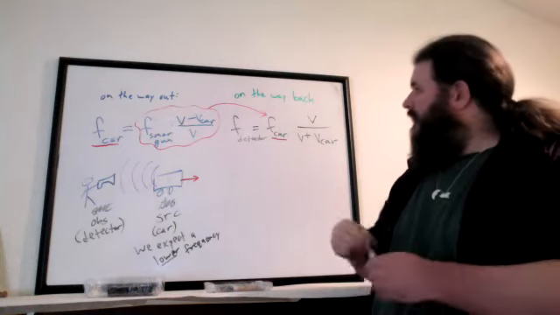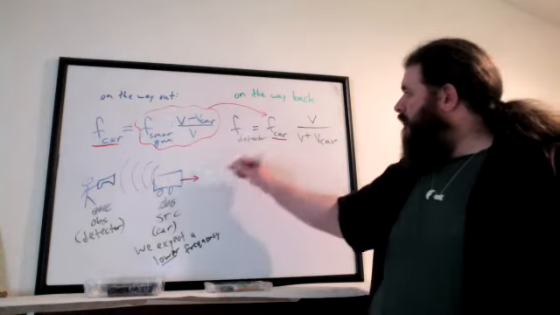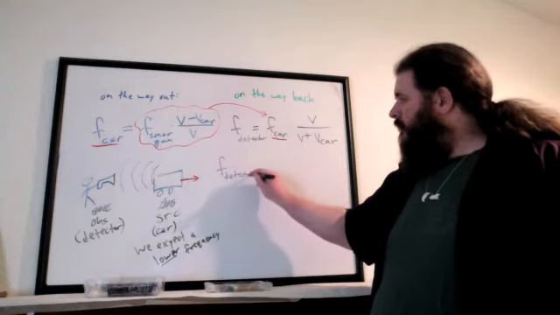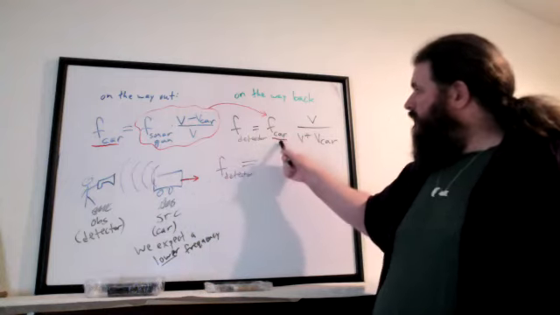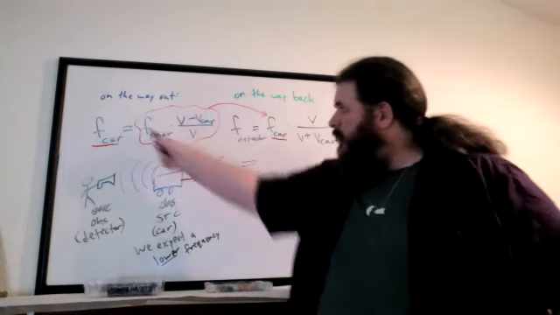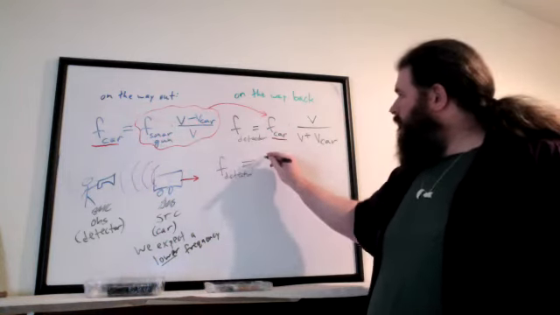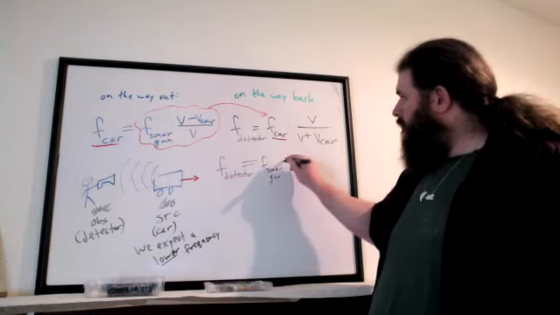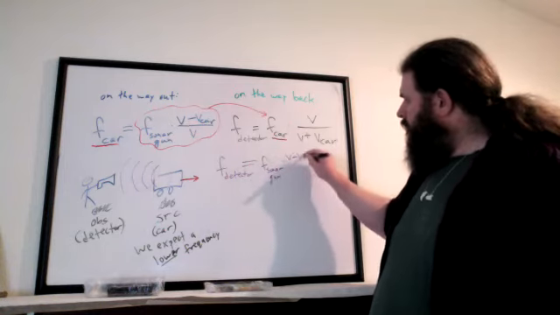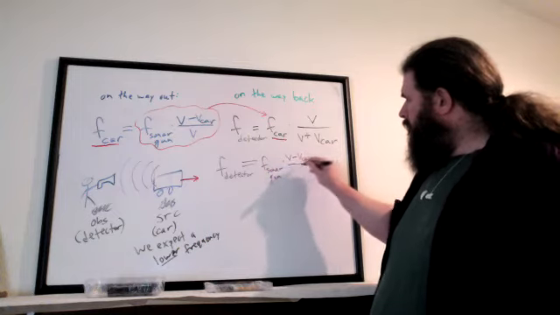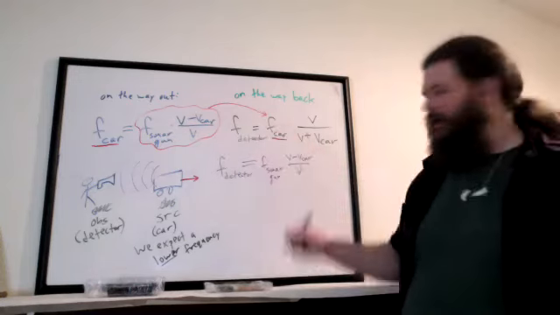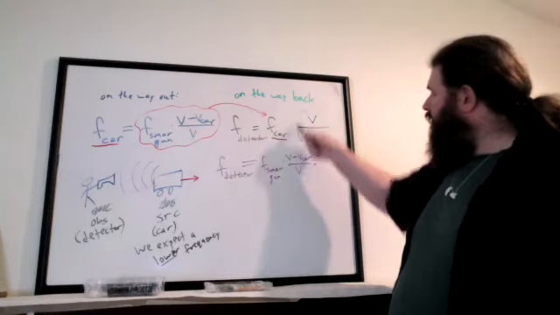So combining those together, we get frequency heard by the detector equals frequency heard by the car, which is this whole thing, so this whole thing is F car that we're plugging in here, times this fraction.